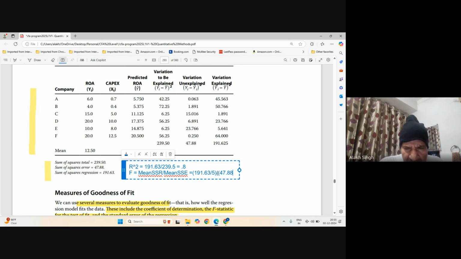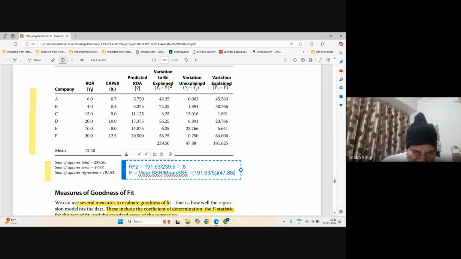And this is divided by n minus 1, the total degrees of freedom, and 1 has already been taken. So this will become n minus 2 because 1 was taken by regression. Total degrees of freedom is the degrees of freedom of regression plus the degrees of freedom of the error terms, and we have total degrees of freedom only 5.